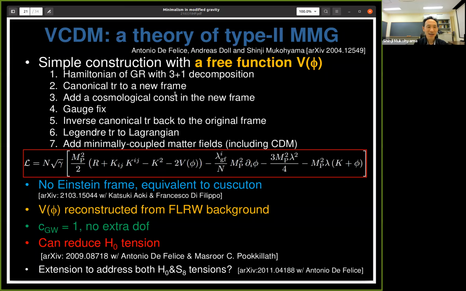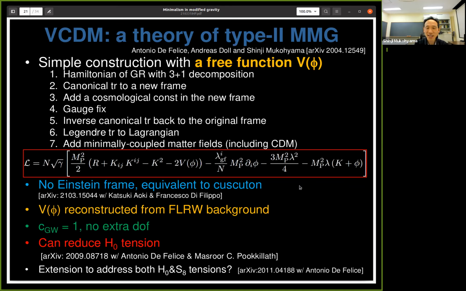But we don't. Instead, we go back to the original frame by inverse canonical transformation, then perform the Lagrangian transformation to go back to the Lagrangian, then add matter. We travel somewhere else, pick up a cosmological constant, come back, then add matter. This is the construction.